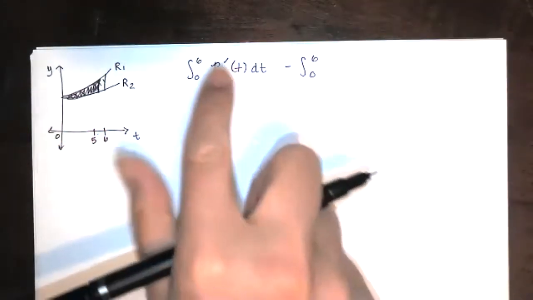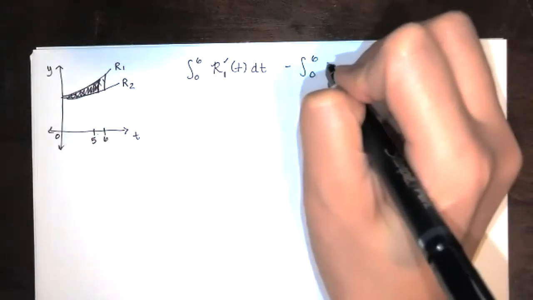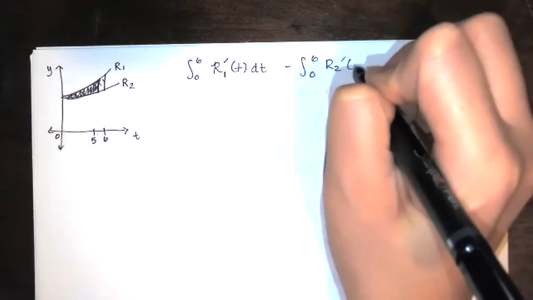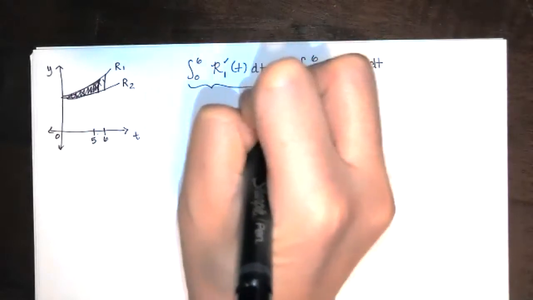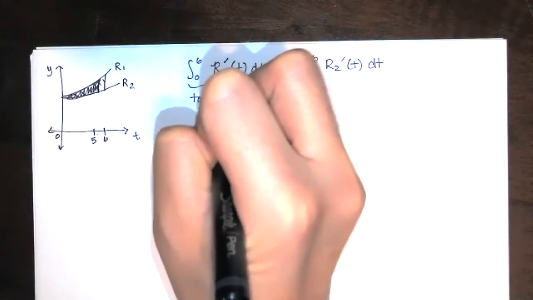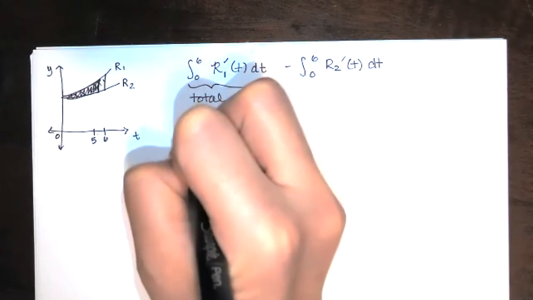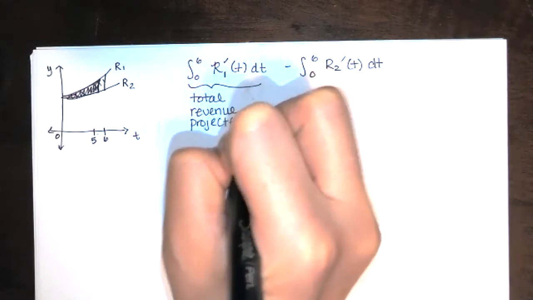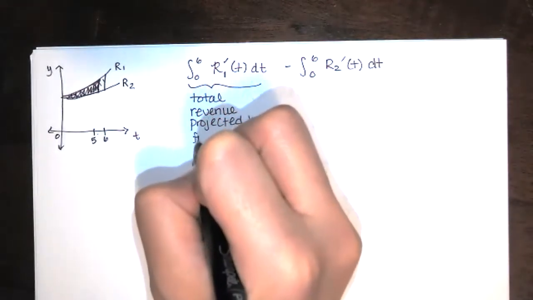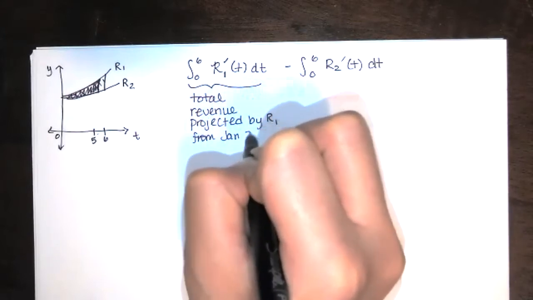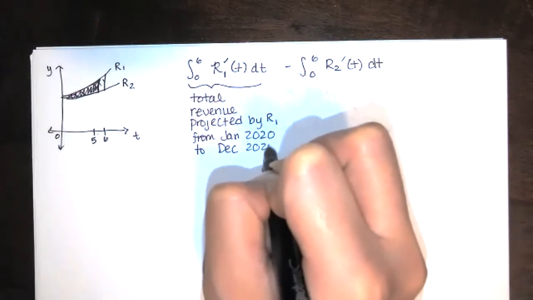And then if I want to know how much more that model projects than the other model, I have to subtract the projected revenue from the other model. And the projected revenue from the other model is this. This is the total revenue projected by R1 from, let's just say, January of 2020 to December of 2025.